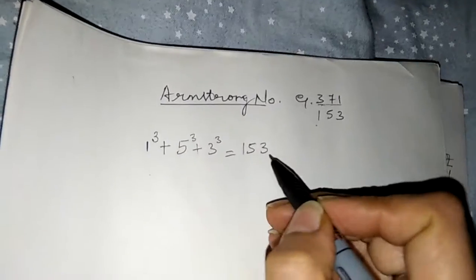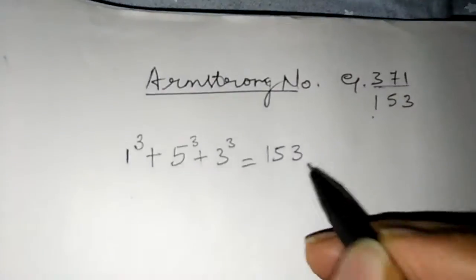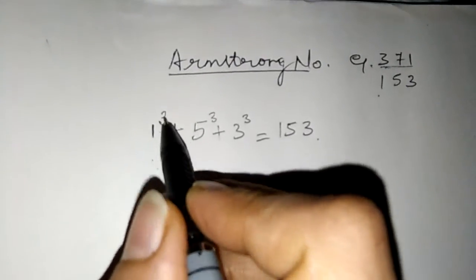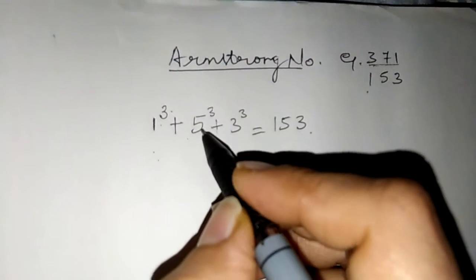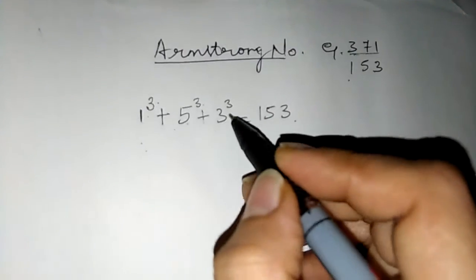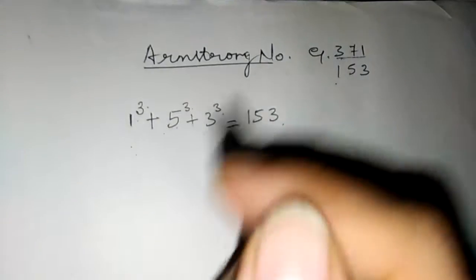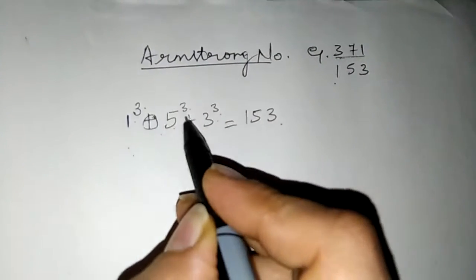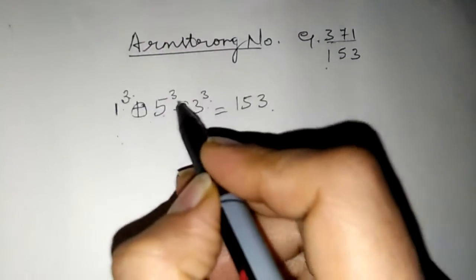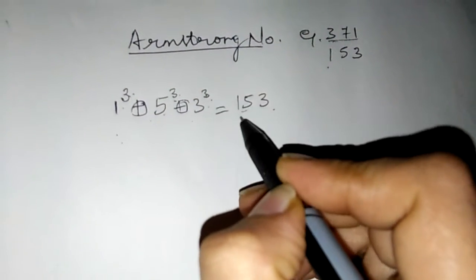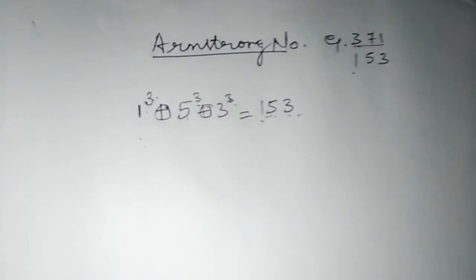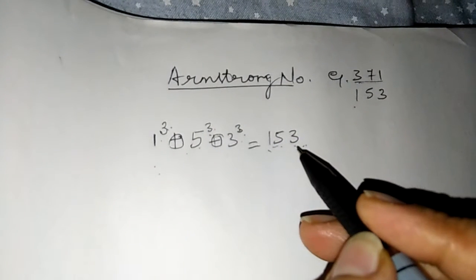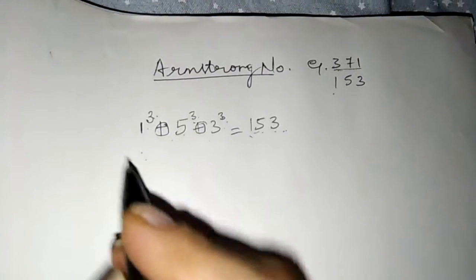For example, a number 153: cube of 1 plus the cube of 5 plus the cube of 3. This means the sum of the cubes of its digits is equal to the number itself. Then it is an Armstrong number.